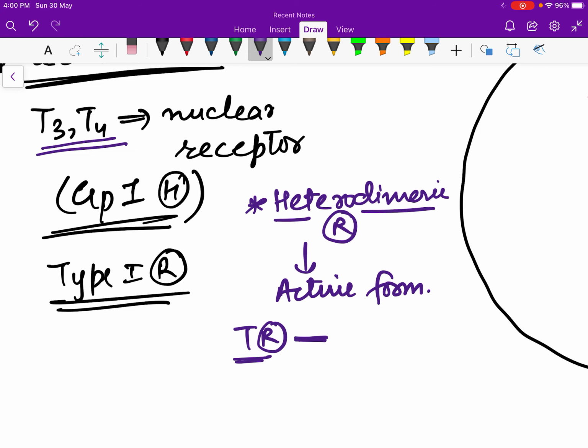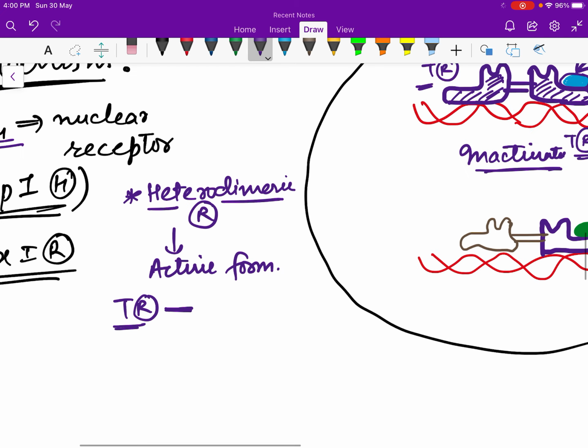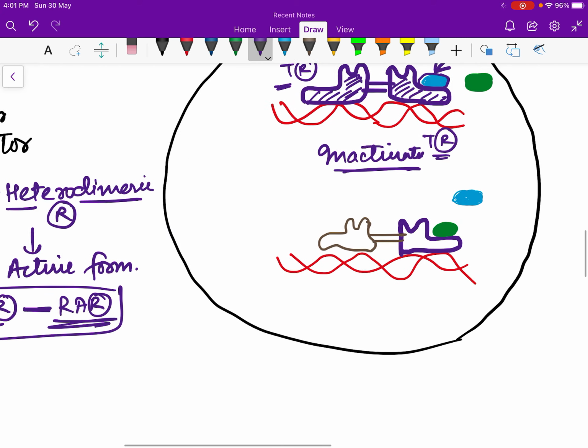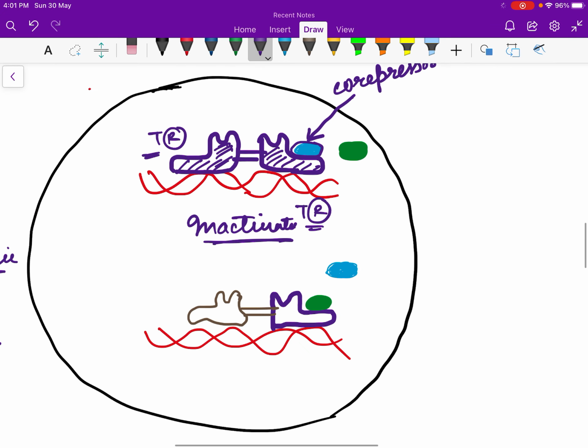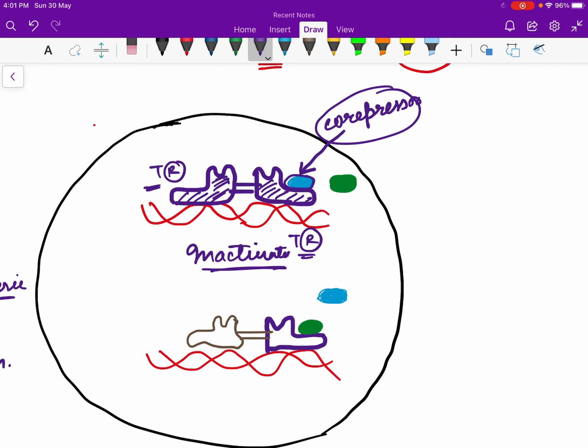In this case, it combines with the retinoic acid receptor. So this forms a heterodimeric molecule. In the absence of hormone, a co-repressor is bound to this receptor, and this results in inactivation of the receptor.